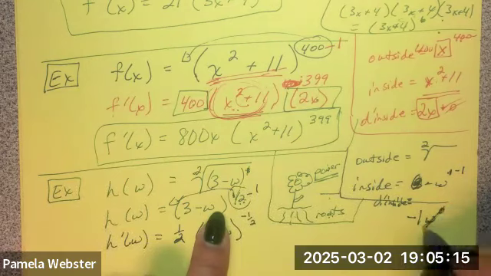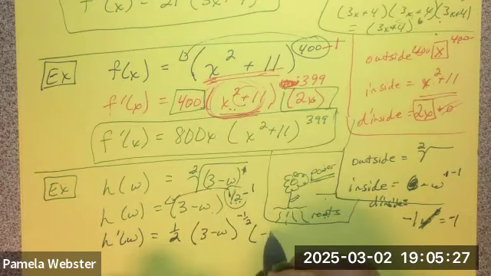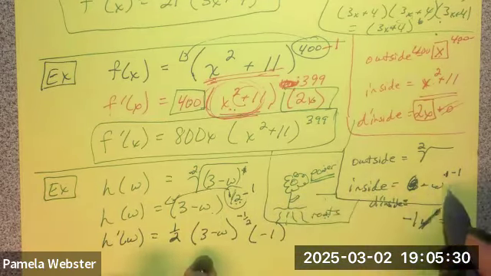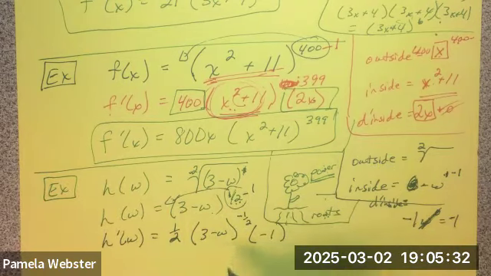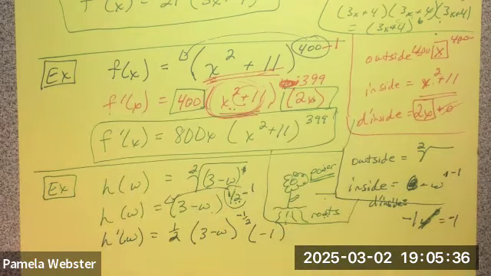W to the 0 power is a 1. So what's negative 1 times 1? Negative 1. Okay. So if you need to do that math out to the side, do it just like I did there. If you can do it staring right here and go, oh, that 3 is a 0. What goes on with this? It's a negative 1. However you can do that. That's all the calculus.